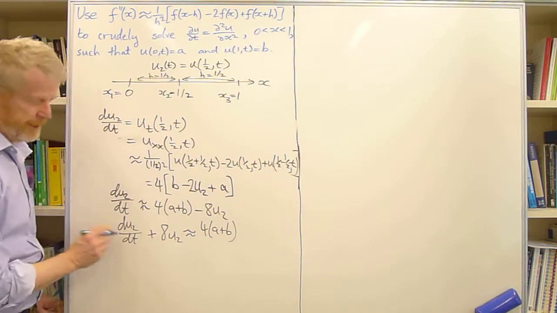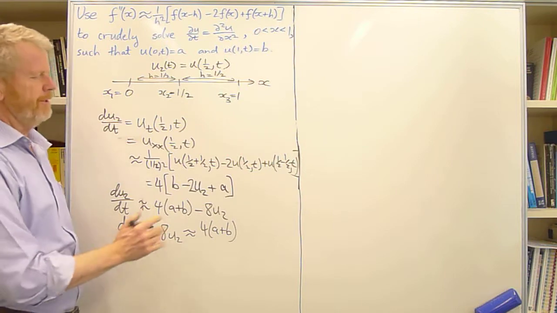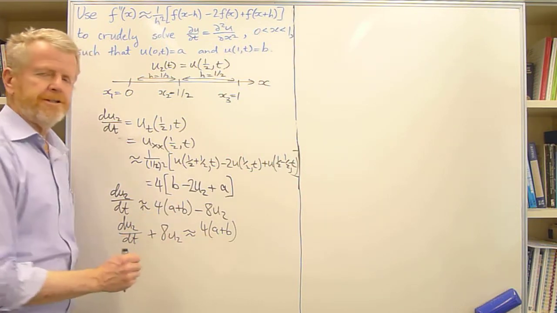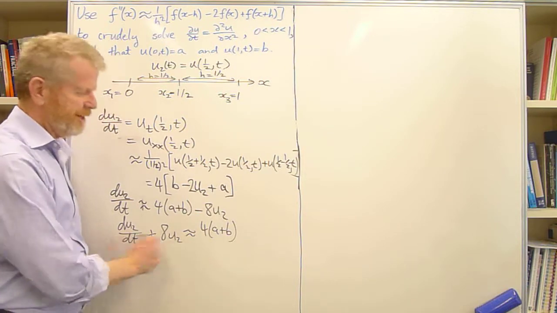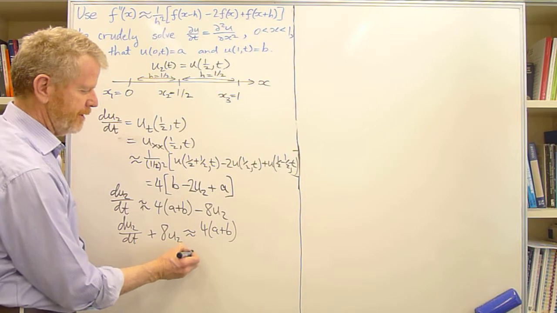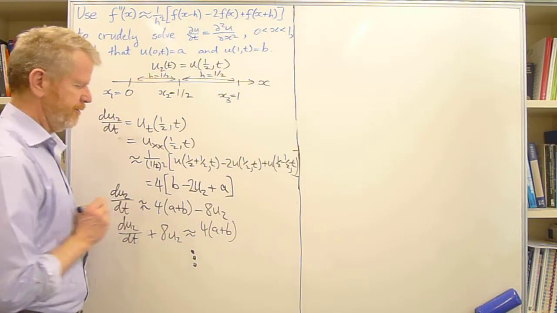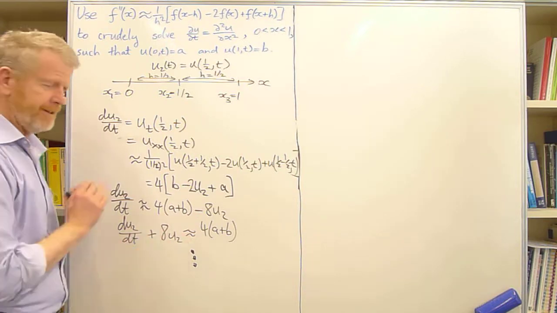Right, now the nice thing about this is that it is a linear first order differential equation, and you will have solved this in a wide variety of differential equation courses. So with a little bit of work from one of those courses, we can find what the solution is, and I'll leave that to you.